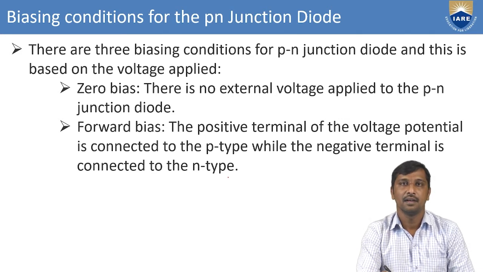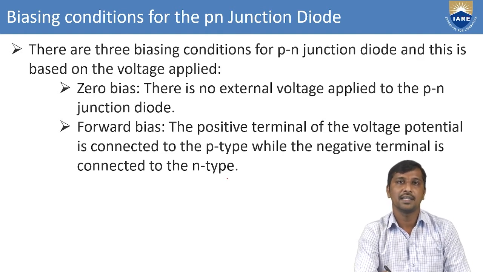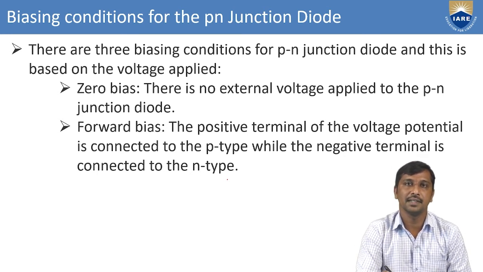Now, if you want conductivity in a PN junction, we need to apply some external force to further the movement of the charge carriers from one region to the other. That is the reason that for this PN junction, we make two electrodes. One electrode is connected to the P type and another electrode is connected to the N side.